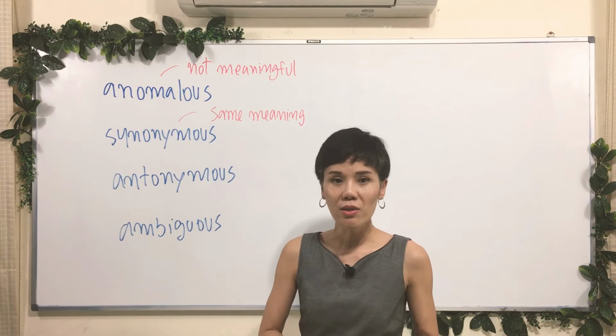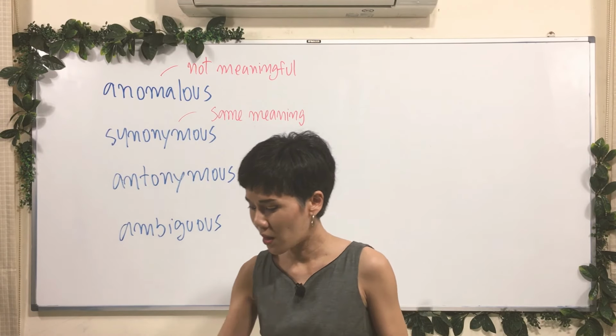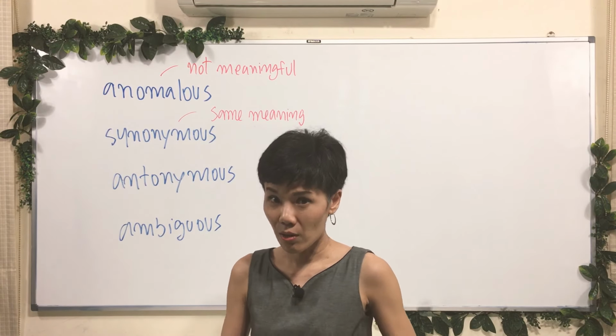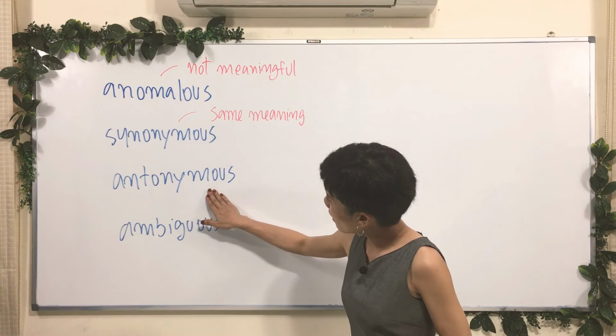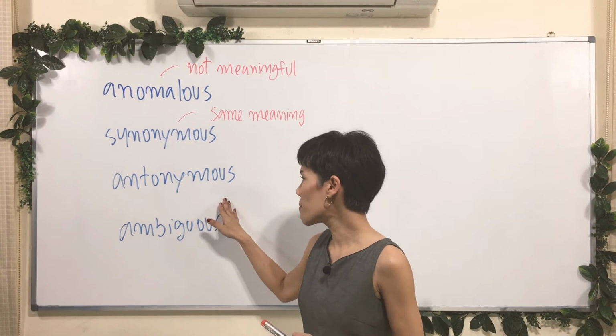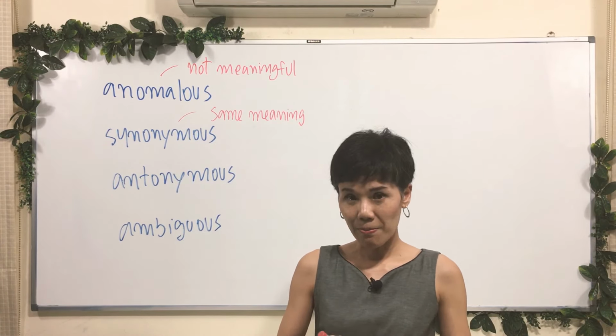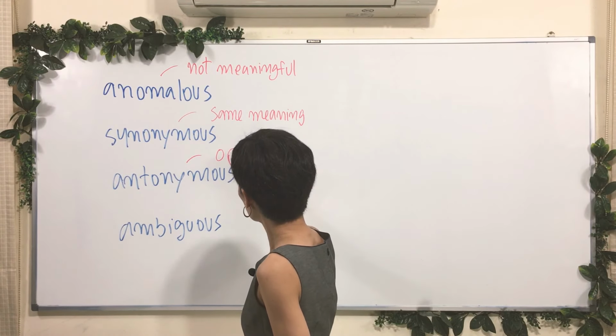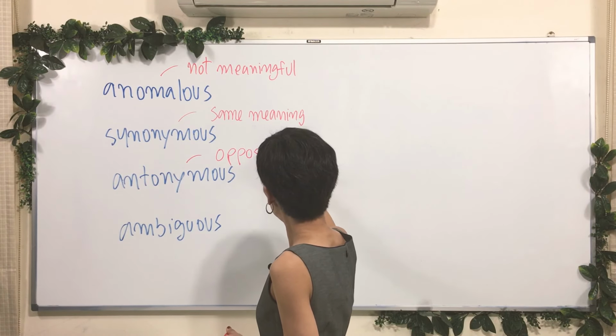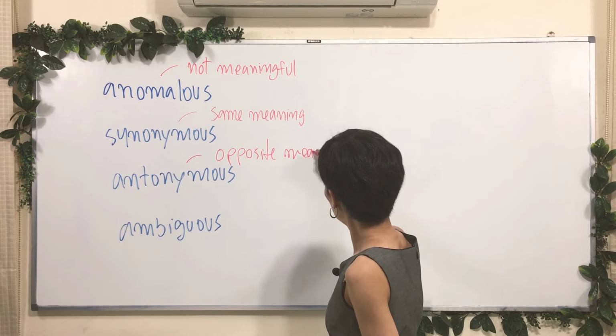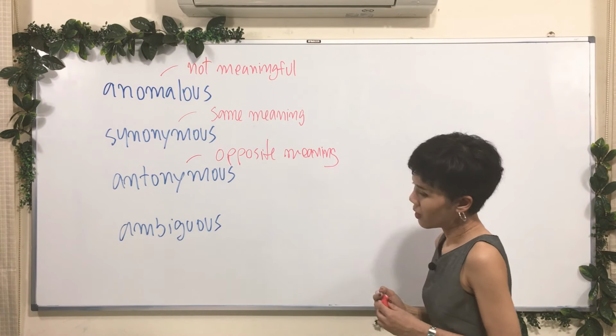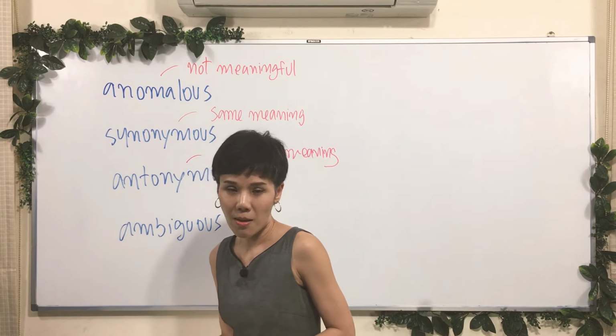Now, in addition to their knowledge of synonymy, they also have knowledge about antonymy. So here, when expressions are antonymous, they have opposite meaning. Here are some examples.